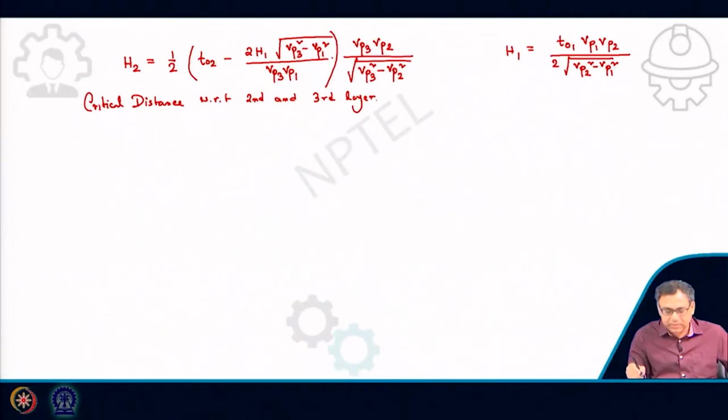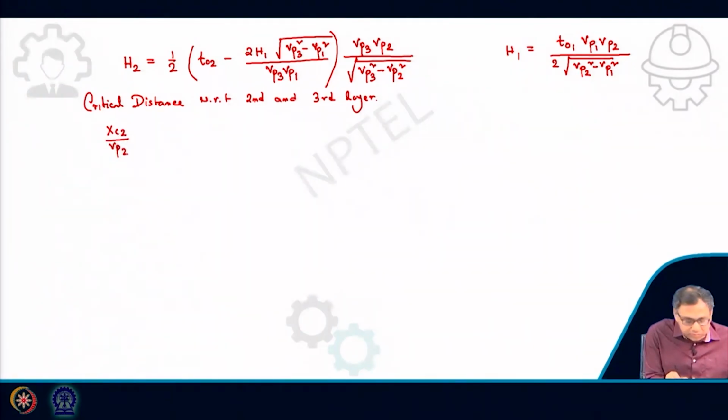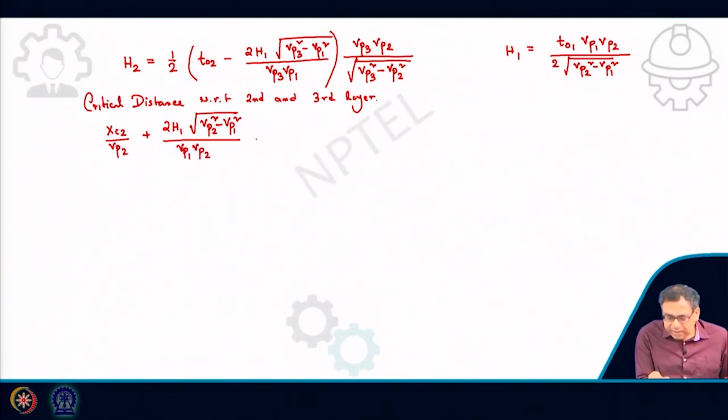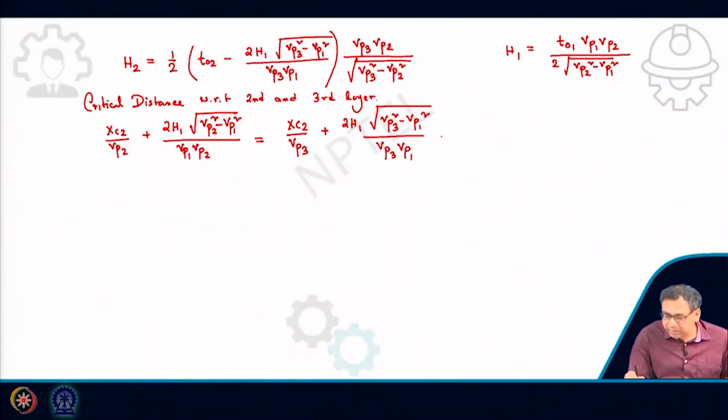So XC2 by Vp2 plus 2H1 root over Vp2 square minus Vp1 square divided by Vp1 and Vp2, that will be equal to XC2 by Vp3 plus 2H1 root over Vp3 square minus Vp1 square divided by Vp3 and Vp1 plus 2H2 root over Vp3 square minus Vp2 square divided by Vp3 and Vp2.